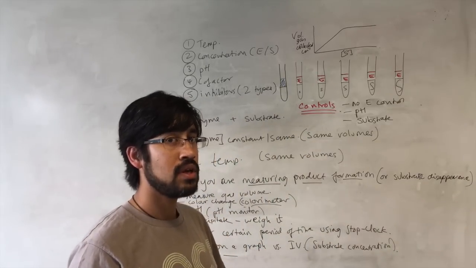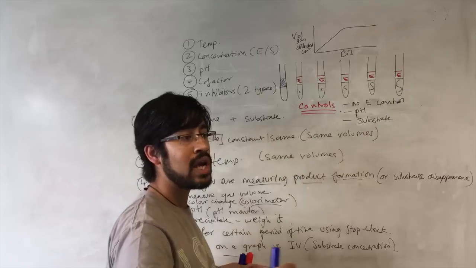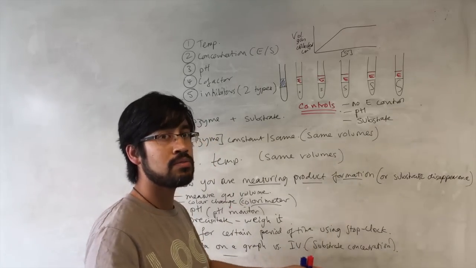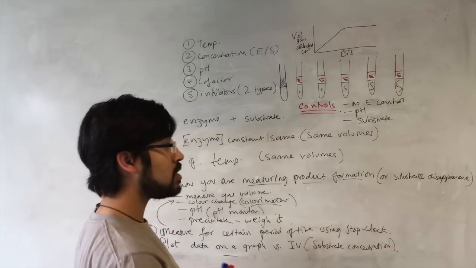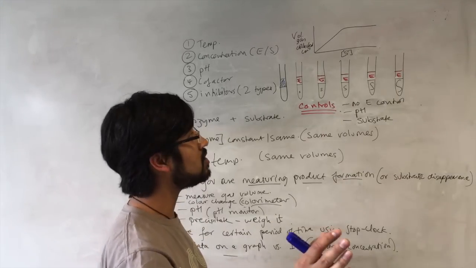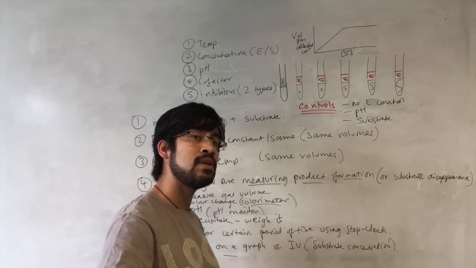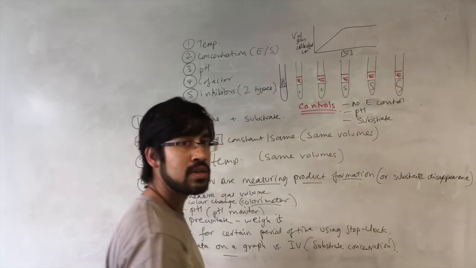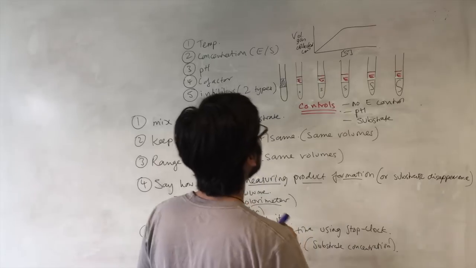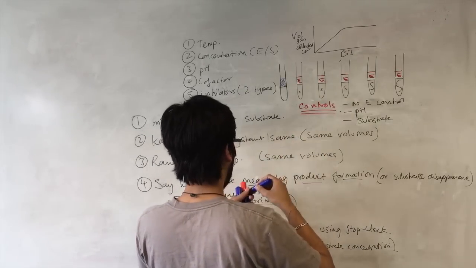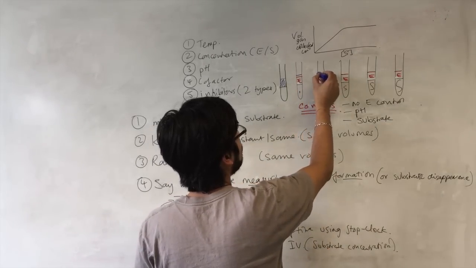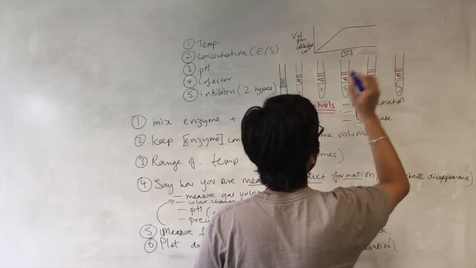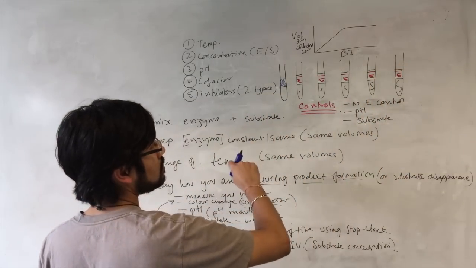That's the only difference. If we're investigating pH, range of pHs. If we're investigating substrate concentration, range of substrate concentrations. If we're investigating temperature, range of temperatures or increasing temperatures. But if we're investigating cofactors or inhibitors, we always have a range of substrate concentrations, and we are looking at the effect of a fixed amount of inhibitor or cofactor in this case.